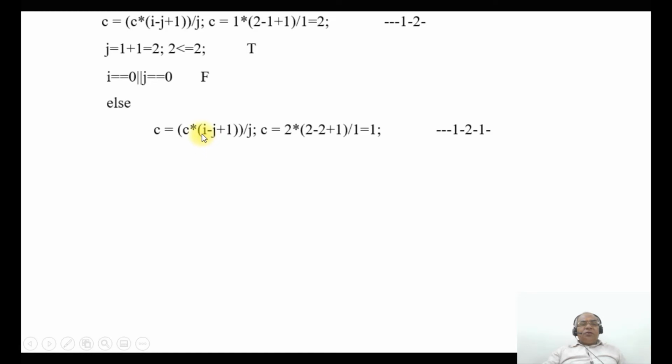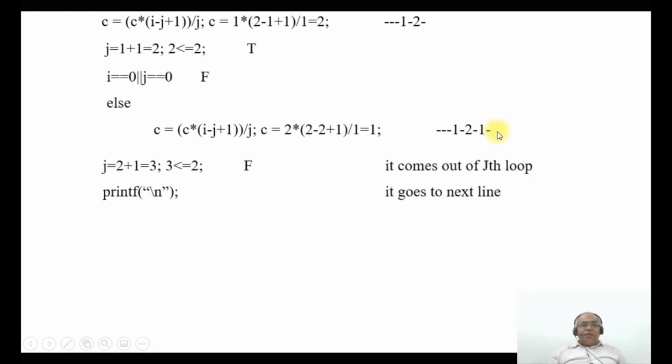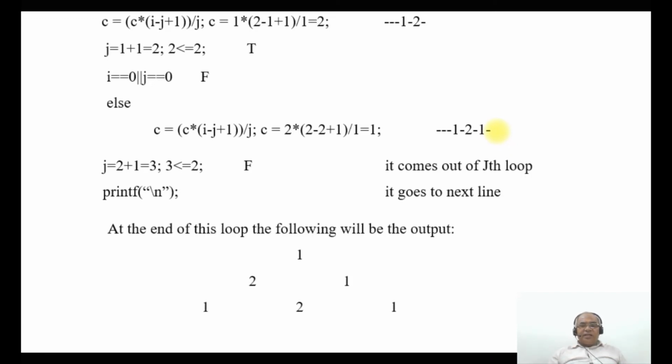So here the value of i is 2 and the value of j is 2, therefore divided by the j value, which is 2. It becomes 1. So that value is printed here and it gives the minus sign. Then j becomes 3. Is 3 less than or equal to 2? False. It comes out of the j loop and goes to the next line.